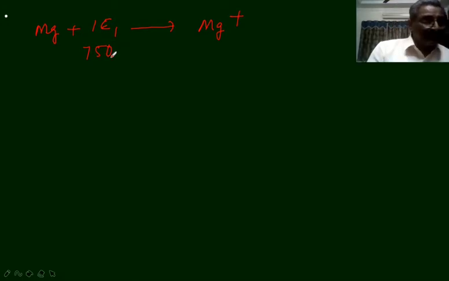Magnesium, by the gain of first ionization energy IE1, changes to Mg+ ion. Here the first ionization energy is 750 kilojoules per mole.